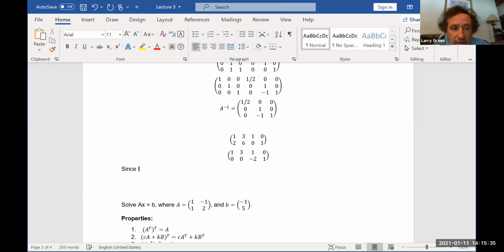Since the left-hand side 2 by 2 matrix is not the identity, the inverse does not exist. Any questions on this process?